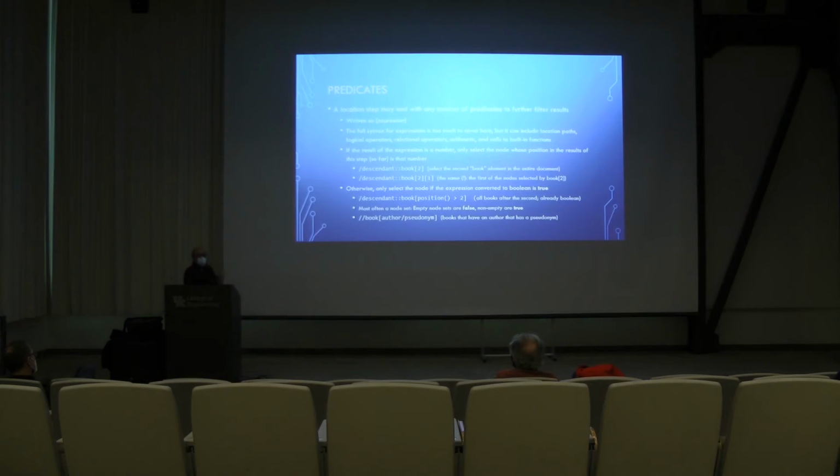That expression is evaluated, and in XPath an expression can evaluate to a string, a number, a boolean, or a node set. If it evaluates to a number, then that's treated as a position within the set of nodes that you selected. Well, node sets are unordered. This is where the document order comes in.